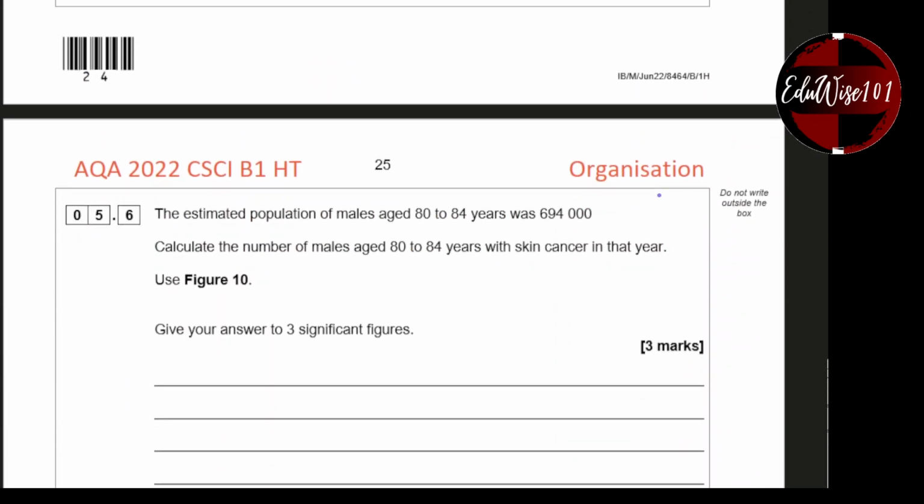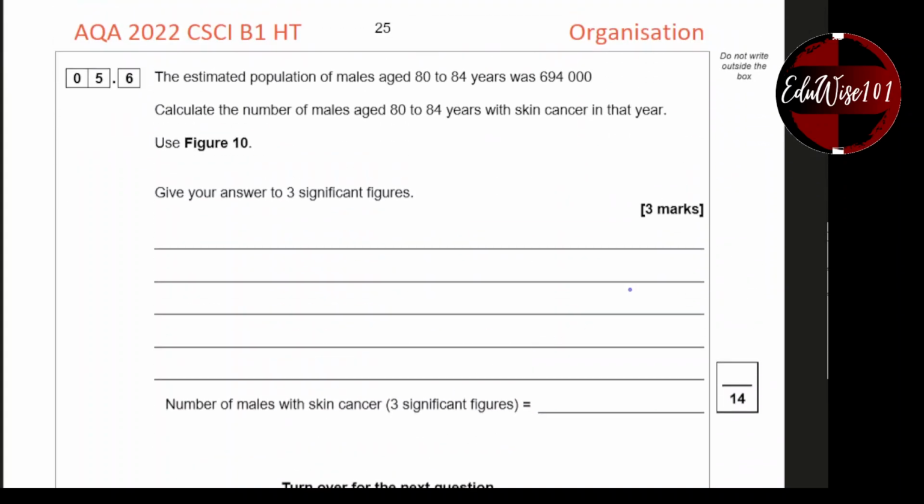So 116 divided by 100,000, and then multiply it by 694,000. That should give me the answer. Let me bring the calculator up.